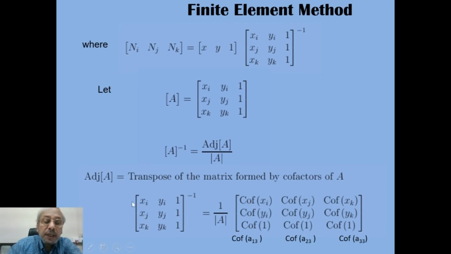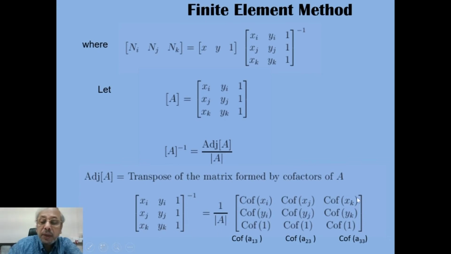So if we identify, for example, xi as the first element of the matrix, A11, then this one yi as A12 and 1 as A13. Second row A21, A22, A23. Third row A31, A32 and A33.